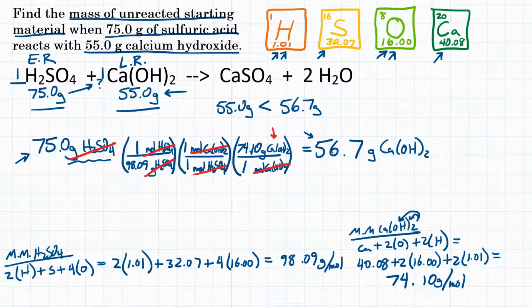So because we did the stoichiometry based off our excess reactant, we need to do it again now based off the limiting reactant. That will tell us how much sulfuric acid will actually react, and then we can subtract that from how much we have. So now we need to take our 55.0 grams of calcium hydroxide, and we need to turn that into mass of sulfuric acid.